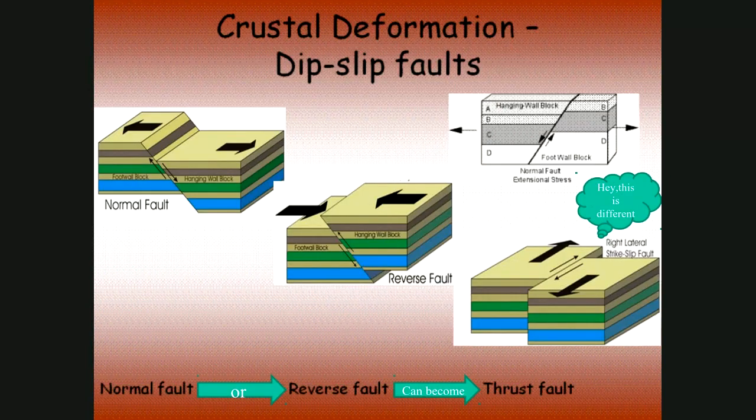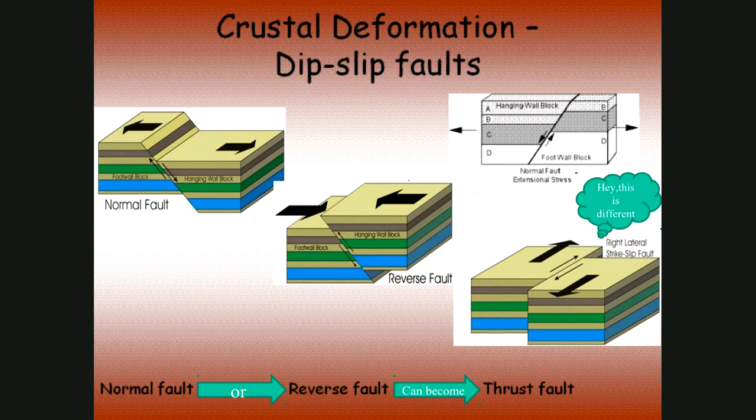So you get faults, various kinds of slips, like a normal fault due to tensional stress. Very simply, the hanging wall will slide downward in relationship to the footwall.